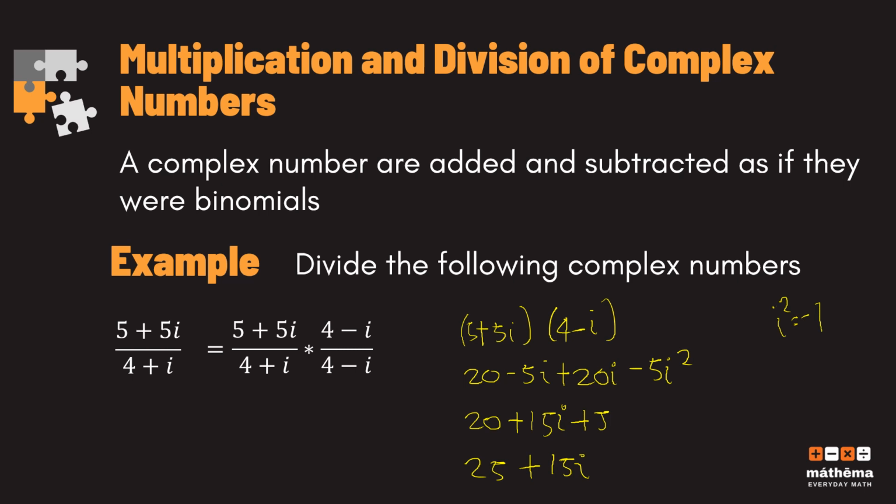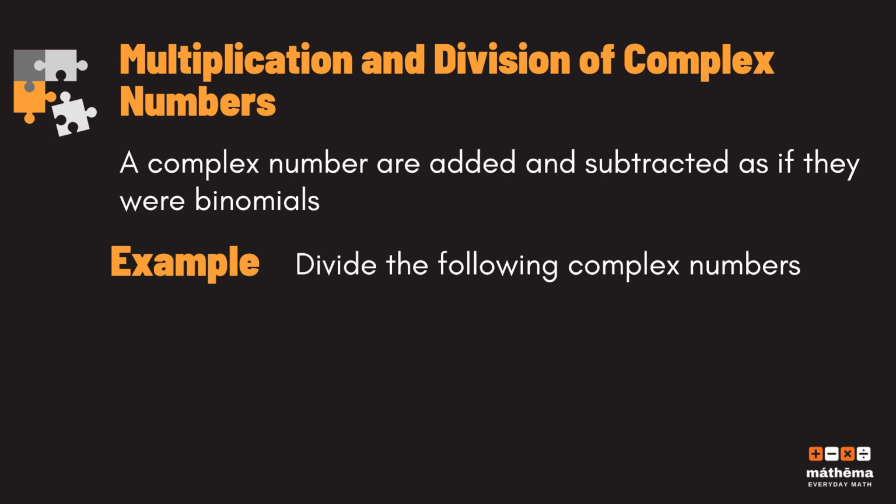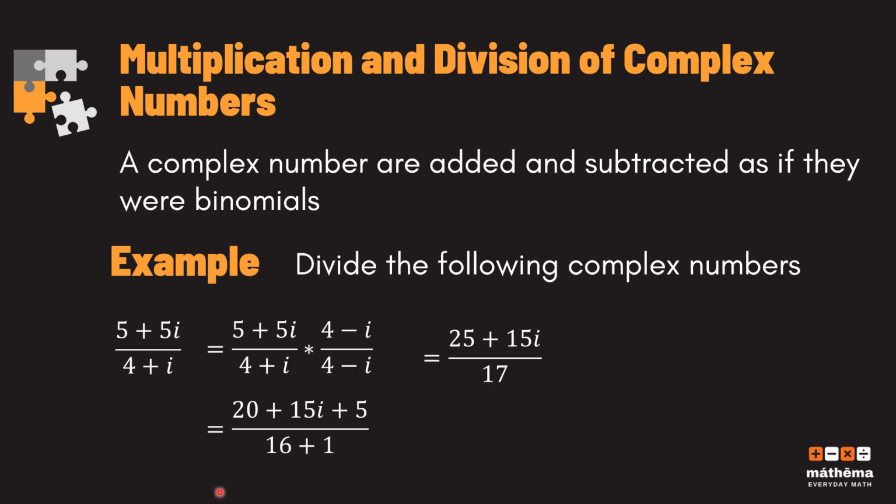Then again, the same with what we did earlier, our denominator will be 16 plus 1 or simply 17. So again, our numerator is 25 plus 15i over 17. Convert into standard form, we will get 25 over 17 plus 15 over 17i. And this will be our final answer.